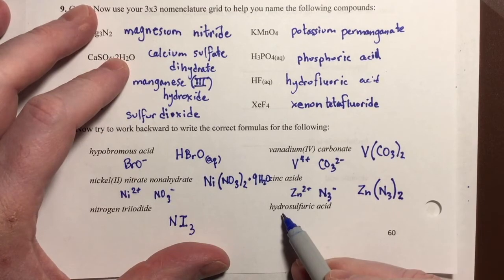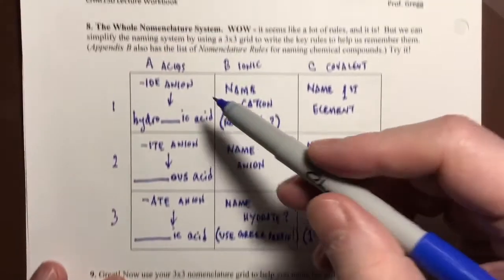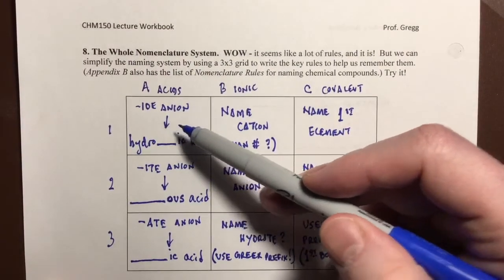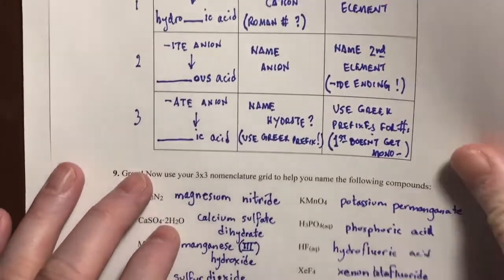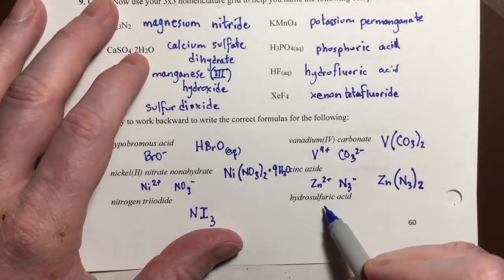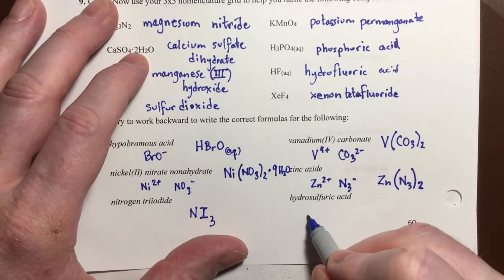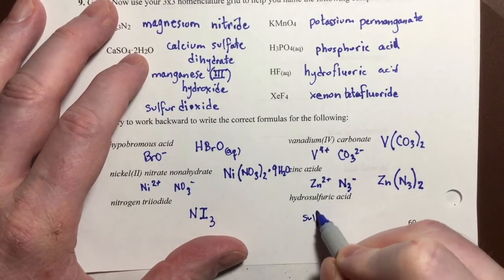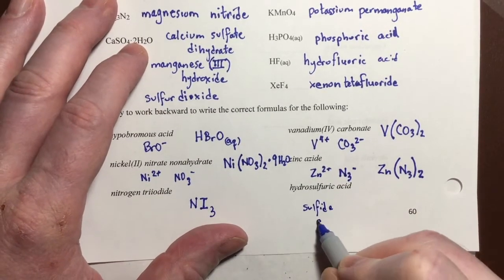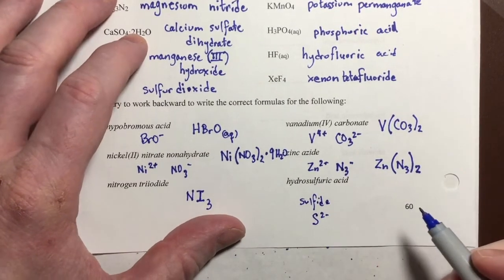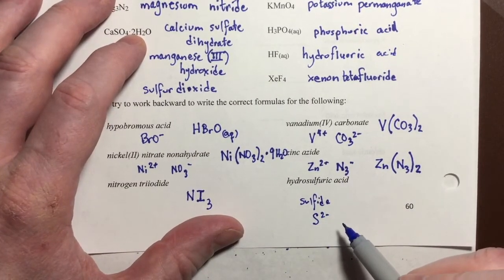And the last one, hydrosulfuric acid. So we have a hydro prefix here. That indicates that the anion had an IDE ending. So this sulfur used to be a sulfide, which was that formula, S with a 2- charge.